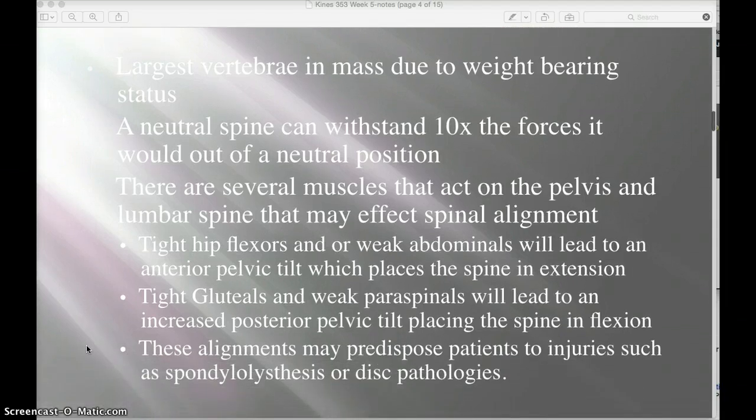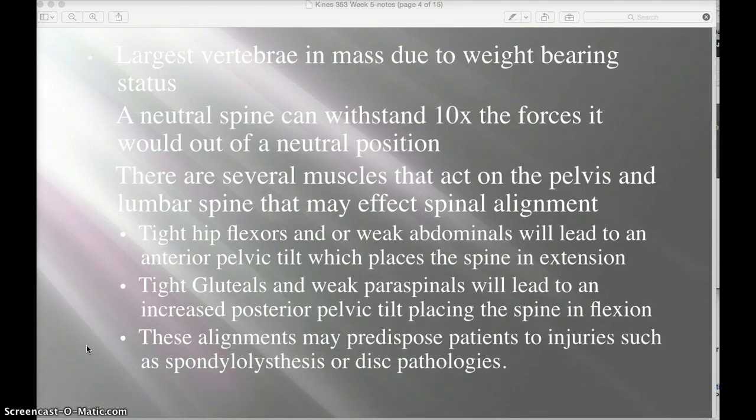It says there are several muscles that act on the pelvis and lumbar spine, which can affect the alignment. So here are just some examples of the typical things that you will see in your patients when you're evaluating them. For example, tight hip flexors and or weak abdominals will lead to an anterior pelvic tilt, which places the spine in extension.